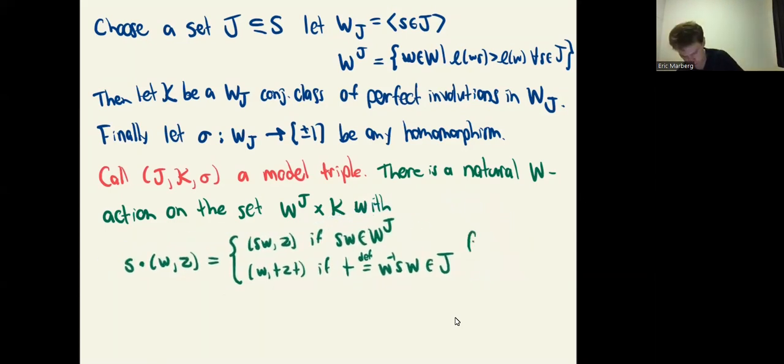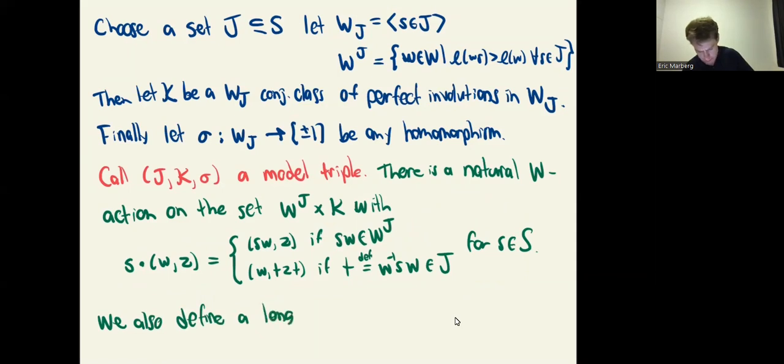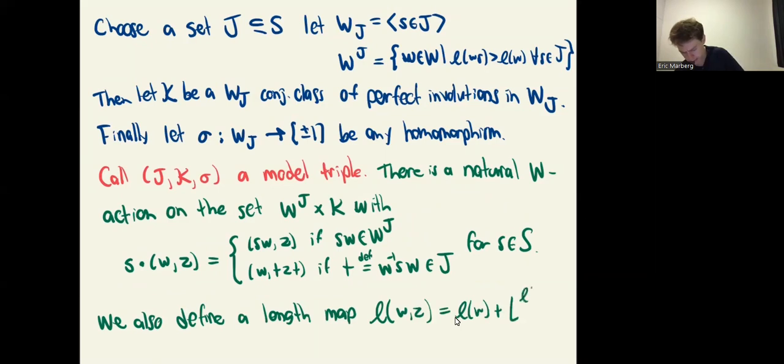This is for s in S, as usual. We also define a length map by setting the length of this pair wz to be just the length of w plus half the length of z, but we take the floor in case the length of z is odd.